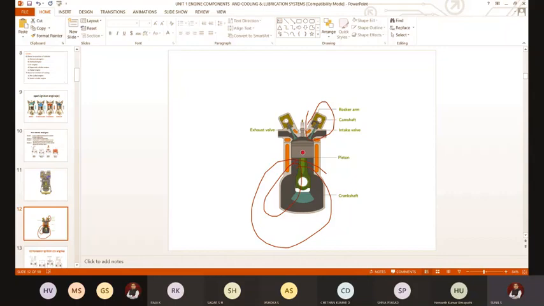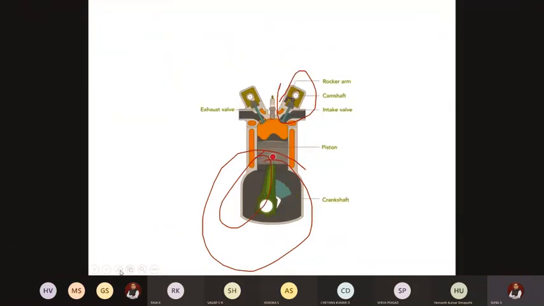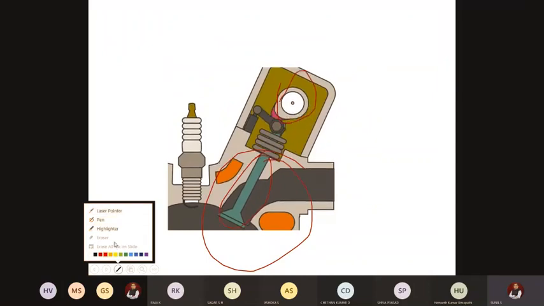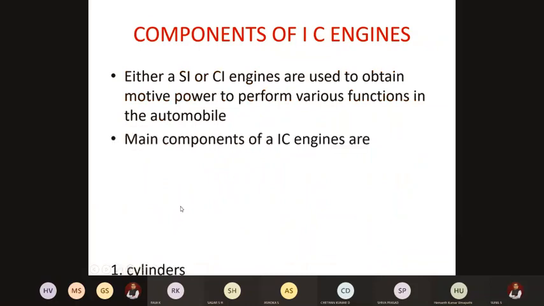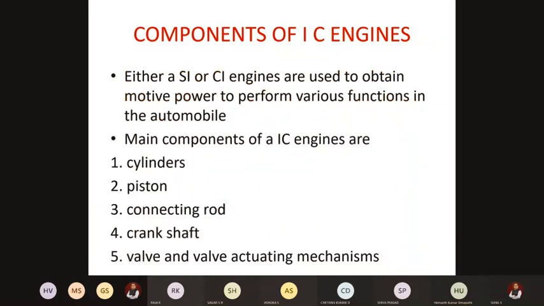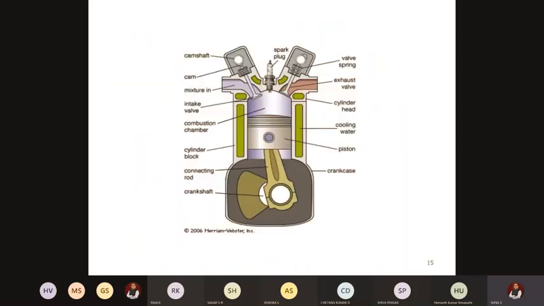These are common components, whether it is a petrol engine or a diesel engine, it doesn't matter. In this sketch also you can clearly see them. I have taken an example of a petrol engine here.